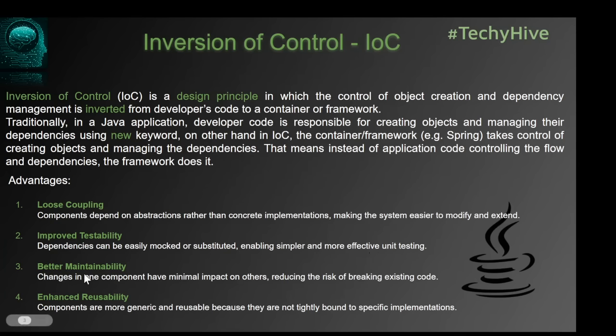Better maintainability. Changes in one component have minimal impact on others, reducing the risk of breaking existing code. Enhanced reusability. Components are more generic and more reusable because they are not tightly bound to a specific implementation.